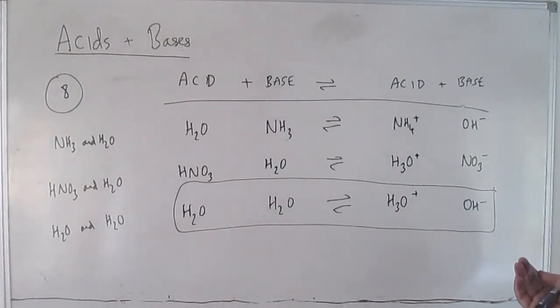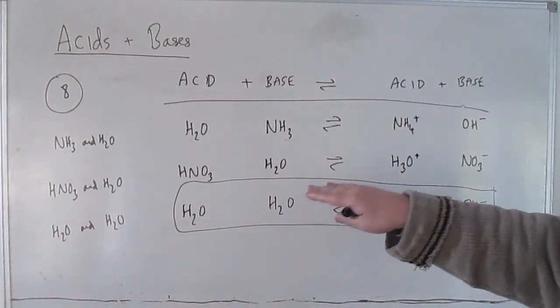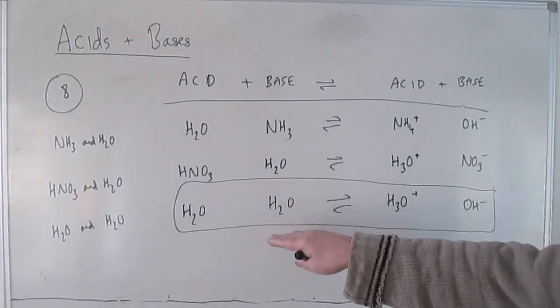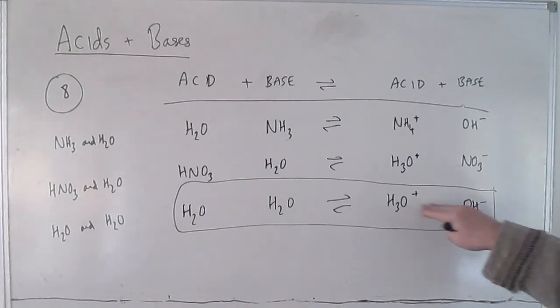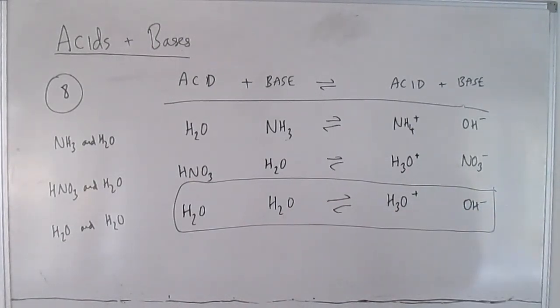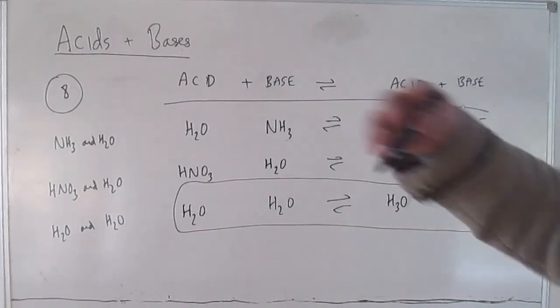Only something of the order of one water molecule in 50 million actually breaks up into ions like this. So it's a very, very tiny proportion, but it's not zero. So in water there is a very small concentration of these ions resulting from one water molecule acting as an acid, donating a proton to another one.